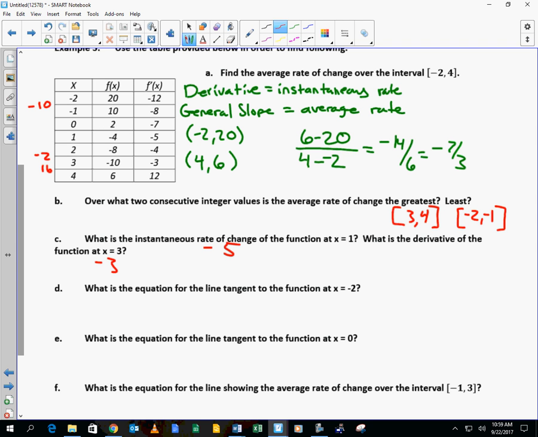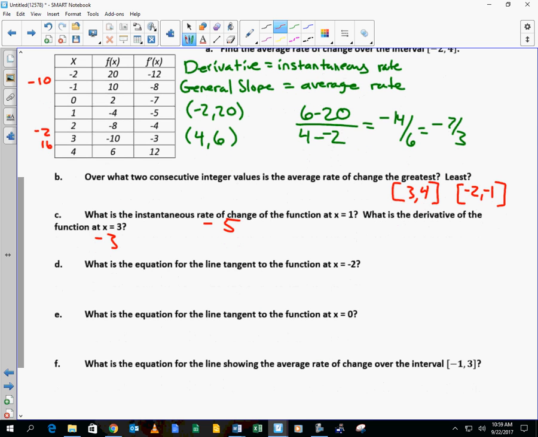What is the equation for the line tangent to the function at x equals -2? What two things do I need to write an equation for a line? Slope and a point on the line. Okay, let's generate the point on the line. What's the x value? What's the y value? Yeah, 20. What's the slope?